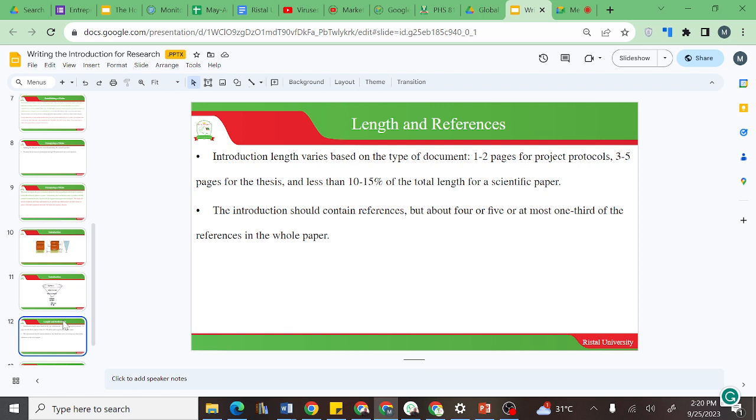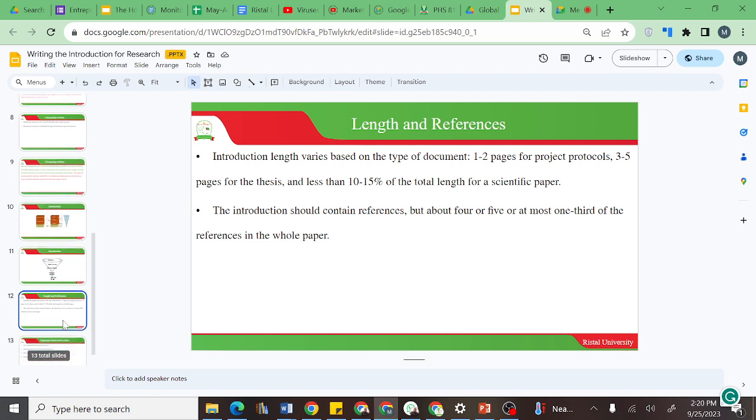If you have gone the extra mile, that is 2 pages. Usually, the introduction is less than 10 to 15% of the entire research paper. So I don't expect you to write a very long introduction.